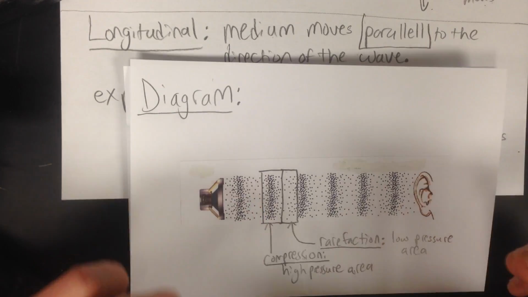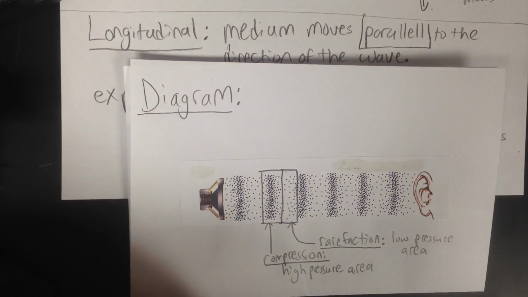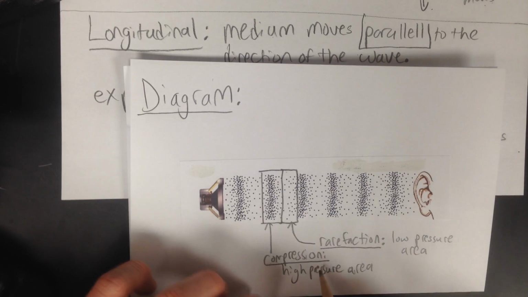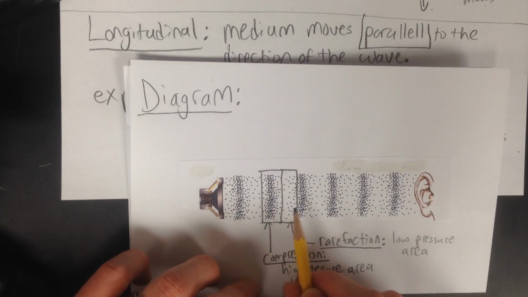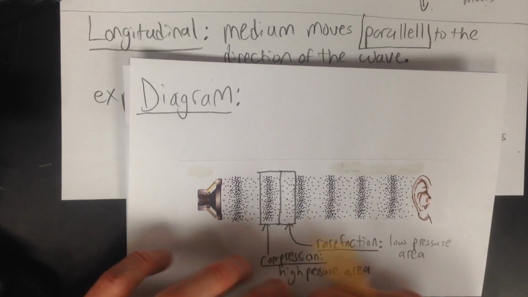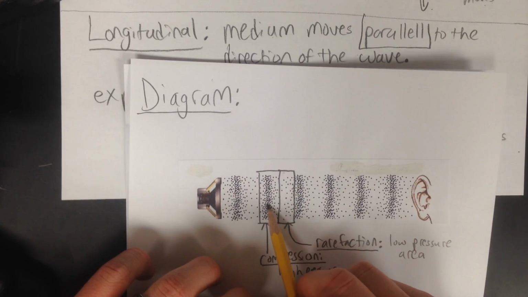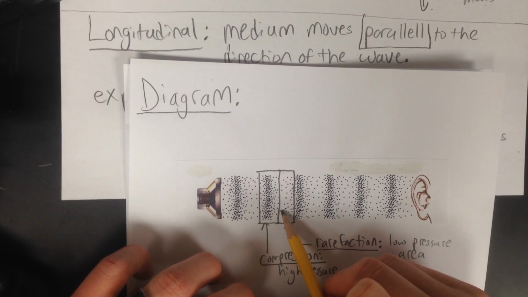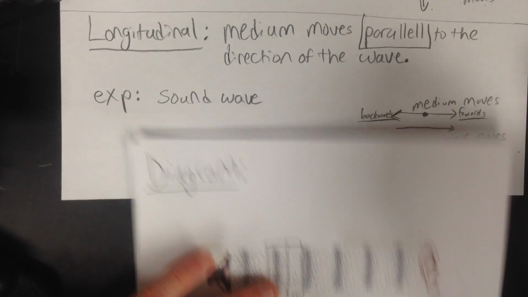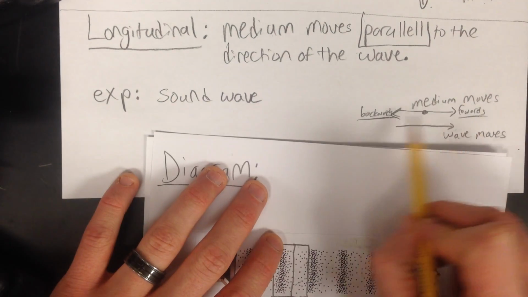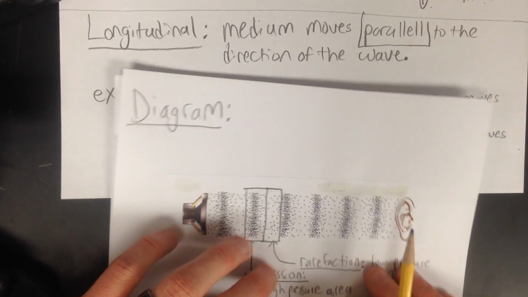You can think of each air molecule like a slinky: the coils are together, then they're apart. The air molecules work the same way. They're together, and then they stretch apart, because they're really moving backwards and forwards as the wave goes through.